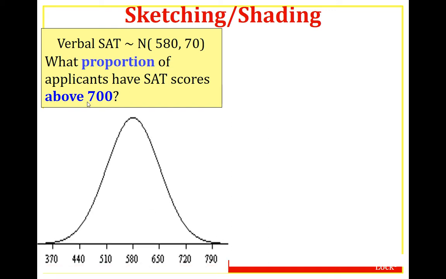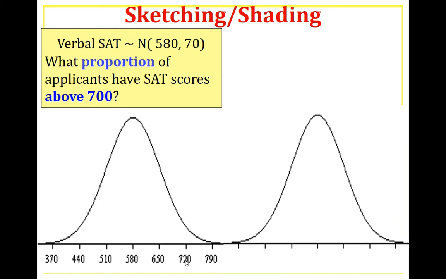So first of all, I would have to make a normal distribution curve. I would want my middle at 580. I would want to have my standard deviation at 70. So you can see on the bottom axis, we're counting by 70, 70, 70, up and down. And then I'm going to want to find a score of 700 and above.